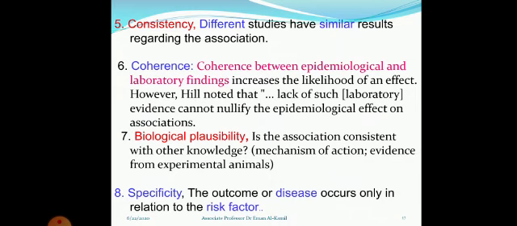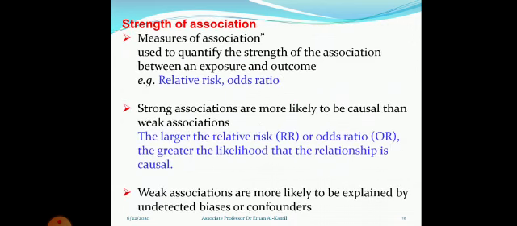Biological plausibility is whether the association is consistent with other knowledge, for example, the mechanism of action and evidence in experimental animals. And the specificity: the outcome of the disease occurs only in relation to the risk factor. Each risk factor is specific to a specific disease.